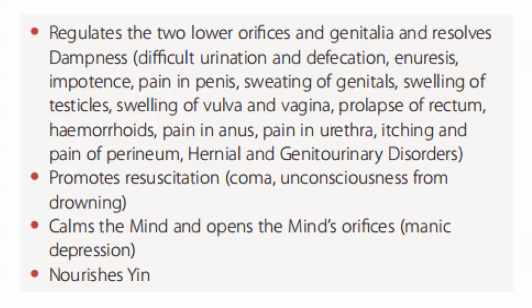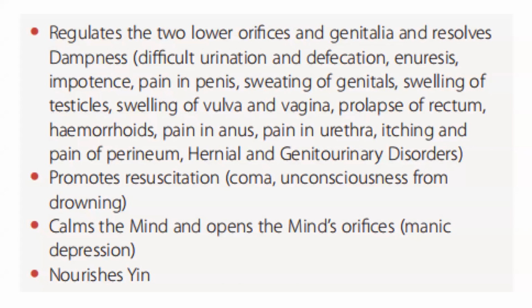Regulates the two lower orifices and genitalia and resolves dampness for difficult urination and defecation, enuresis, impotence, pain in the penis, sweating of genitals, swelling of testicles, swelling of vulva and vagina, prolapse of rectum, hemorrhoids, pain in anus, pain in urethra, itching and pain of perineum, hernial and genitourinary disorders.